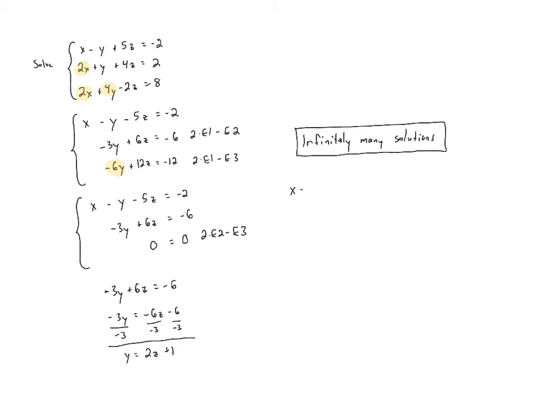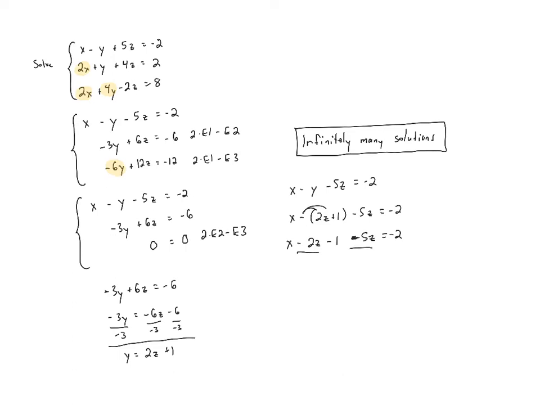So we've got x minus y minus 5z equals negative 2. We're going to plug in what we have for y. So this will be x minus the quantity 2z plus 1 minus 5z equals negative 2. When we distribute this subtraction, we get x minus 2z minus 1 minus 5z equals negative 2.